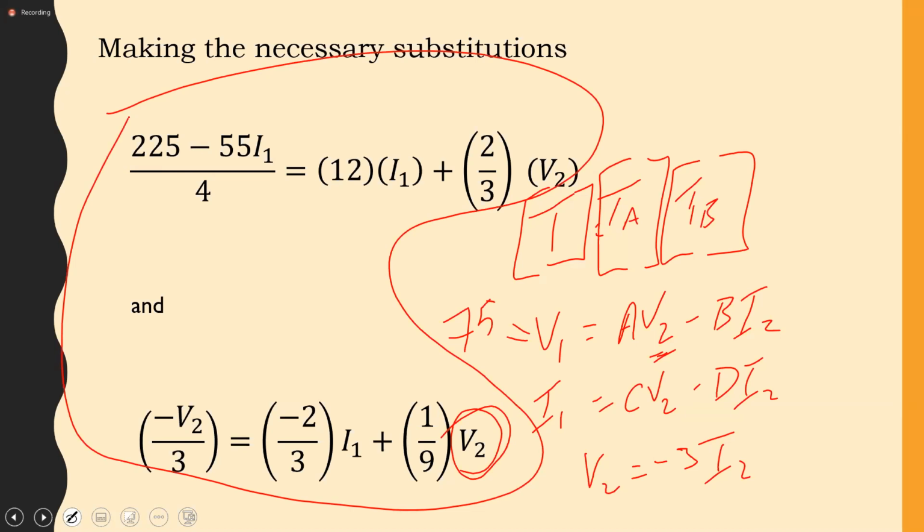All right, so I have already given you the transmission parameters for network A. You have the hybrid parameters for network B. As I said, you do the conversion and everything should work out quite fine. All right, now we're almost out of time.